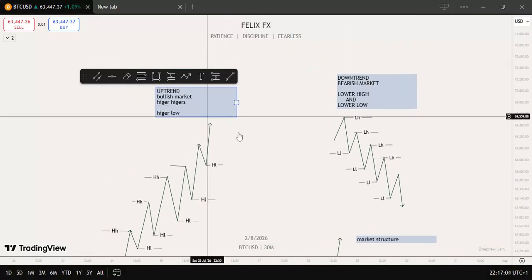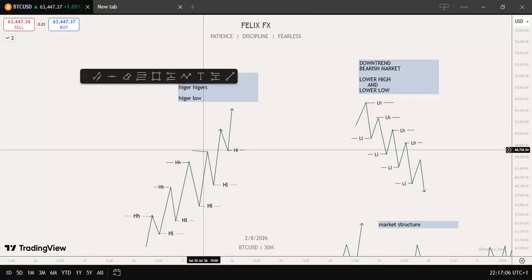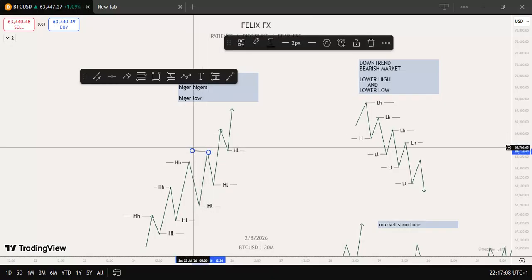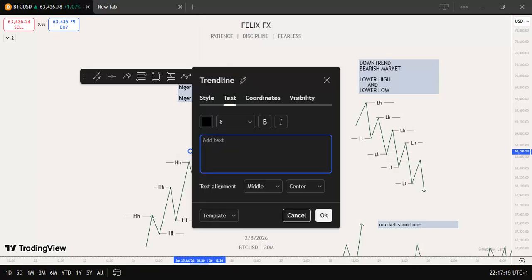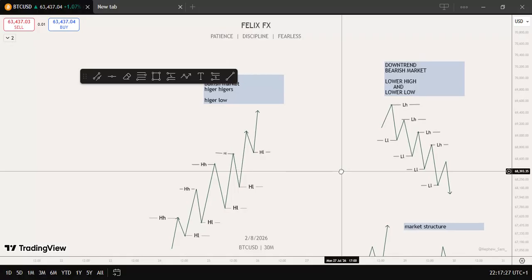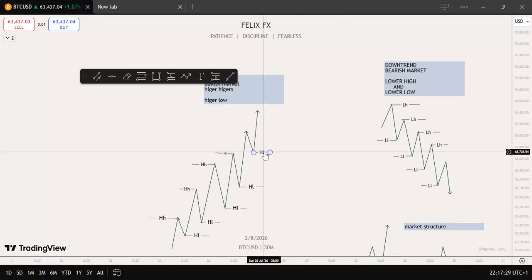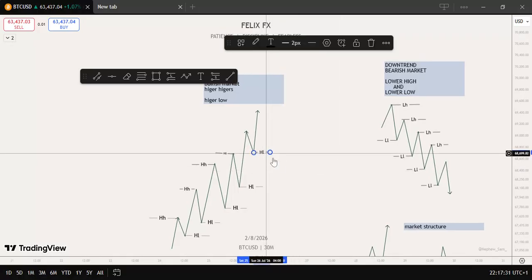This is for downtrend. And to identify your break of structure, whenever price breaks this point here, higher low, higher low.